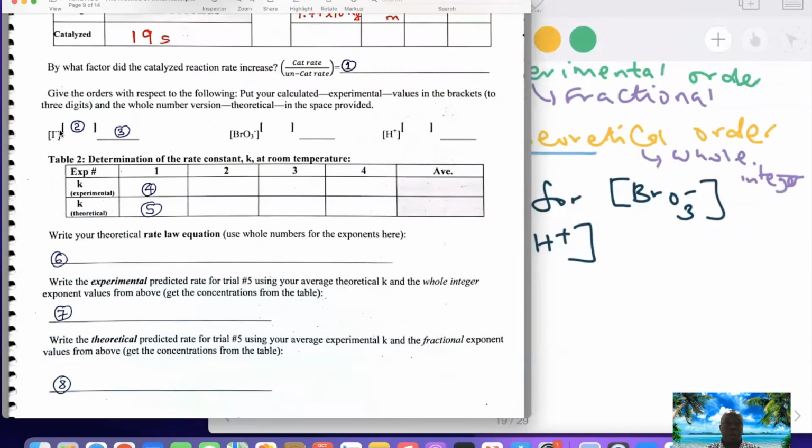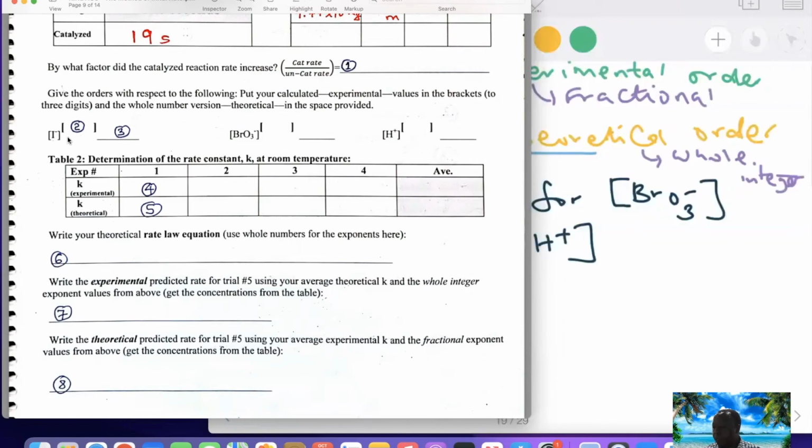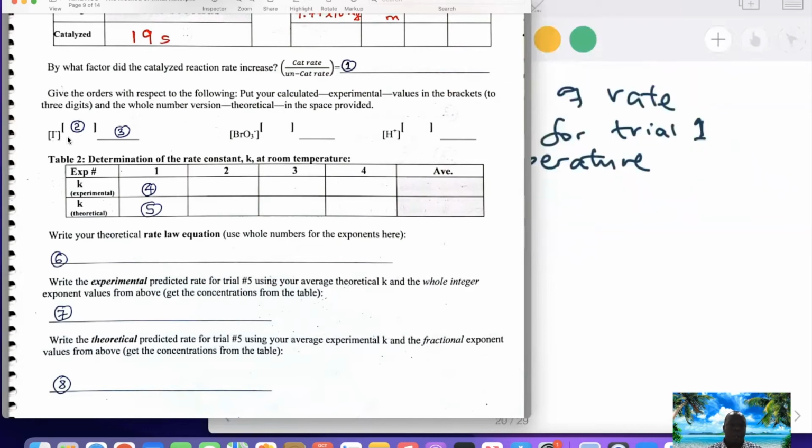So once you have the experimental and theoretical rate orders, you will determine the rate constant for experiment 1.